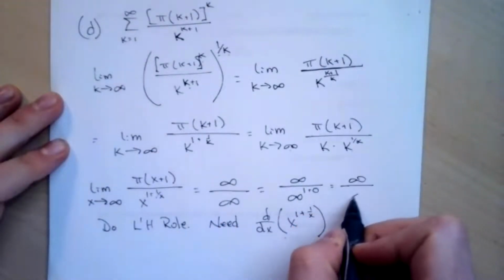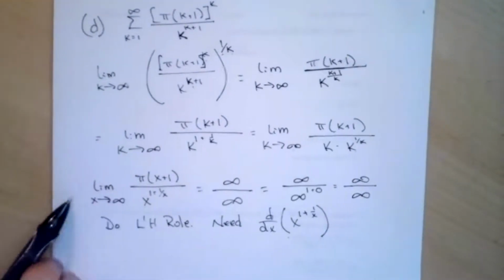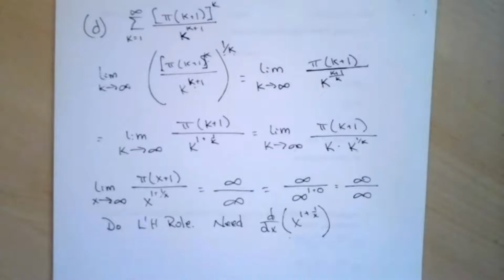Couldn't you pull out the pi? So it's just x plus 1 divided by x to the power 1 plus. And if you just do L'Hopital's, it would just be 1 over 1. I guess you might be able to find a way to get around L'Hopital's rule for that.